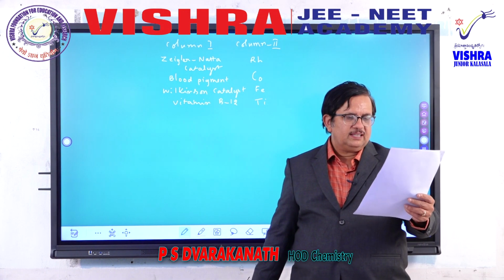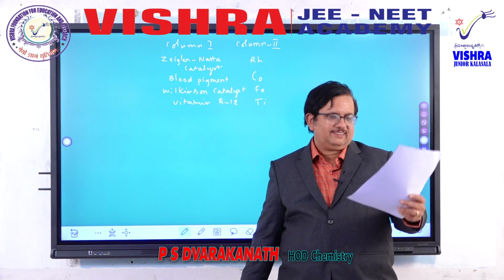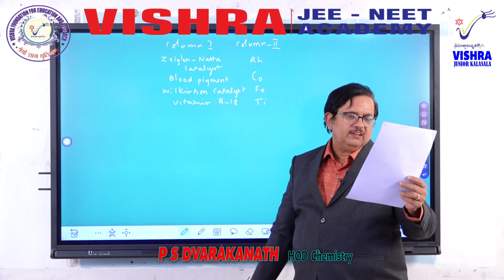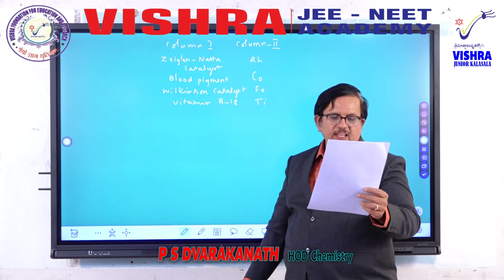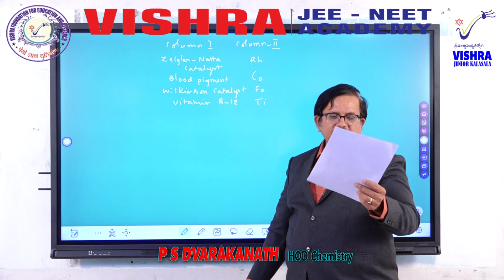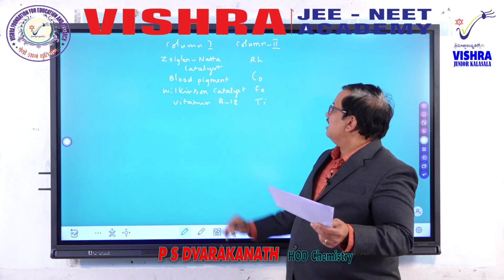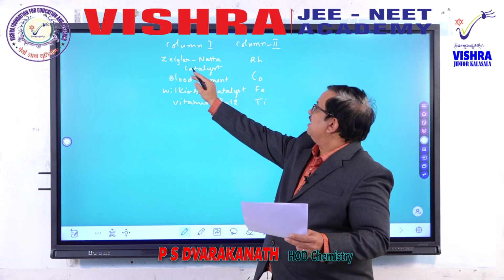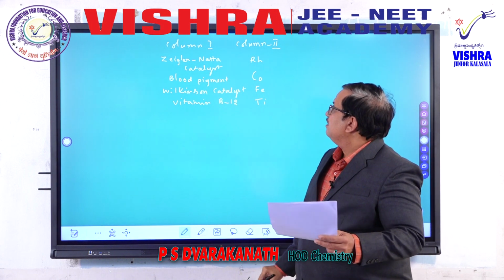Next question is about the catalysts. Here is the question, and which is the correct match or incorrect match, like that they might have asked. What is the main thing? Ziegler-Natta catalyst.